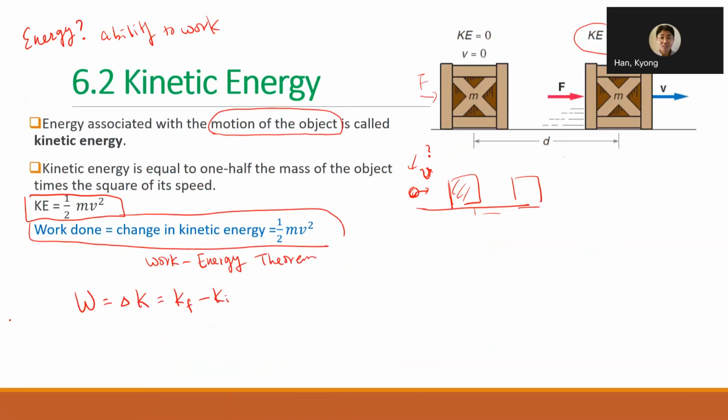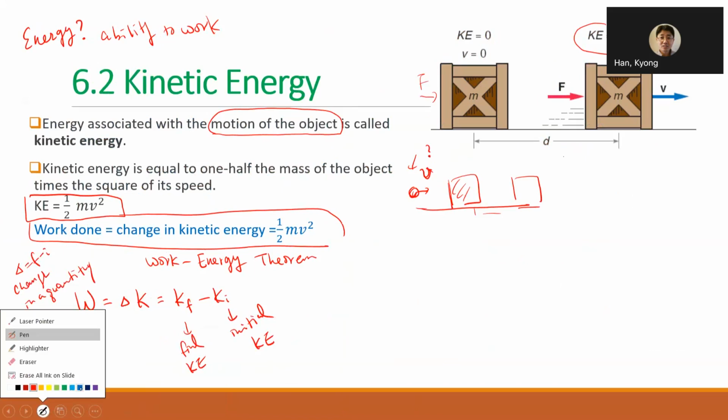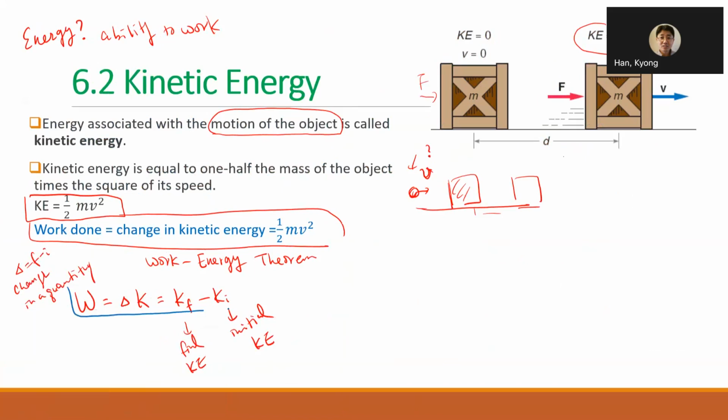As I mentioned, delta is the change in a quantity, that is, final minus initial. Final kinetic energy minus initial kinetic energy. This is the work energy theorem.